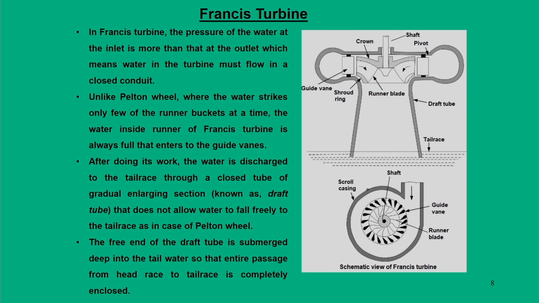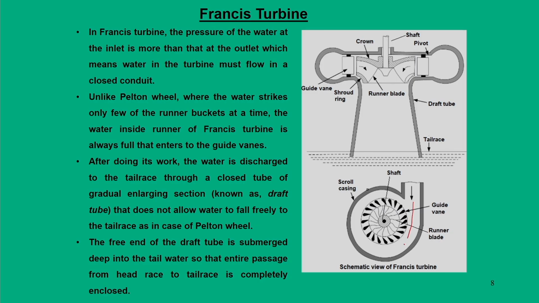Then another important point that I have already mentioned is that in a Pelton wheel, the complete passage of water is purely atmospheric, but when the water jet comes, that water jet hits at a particular time a fixed number of buckets. Not all the buckets of the Pelton wheel are exposed to the water jet. Sequentially, one by one, buckets get exposed to this water jet.